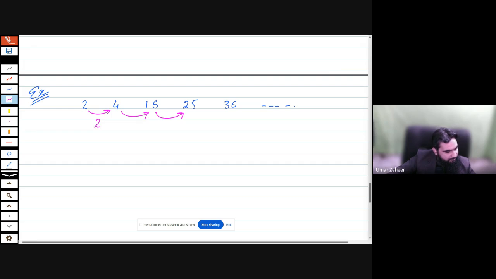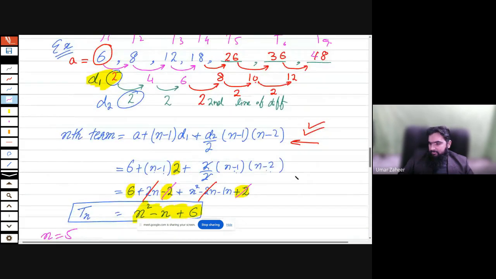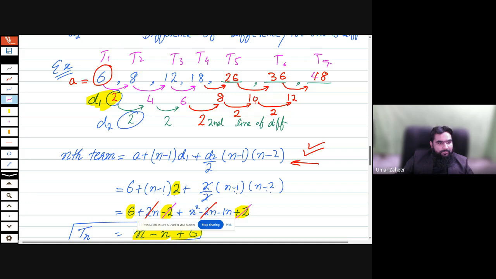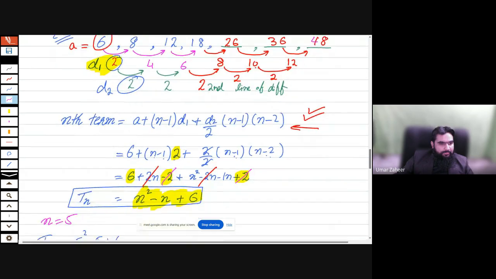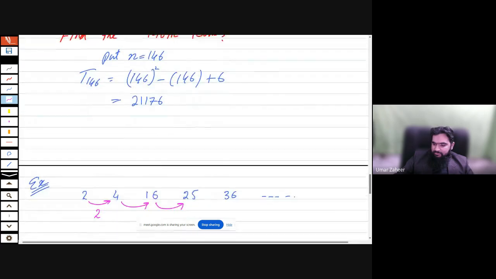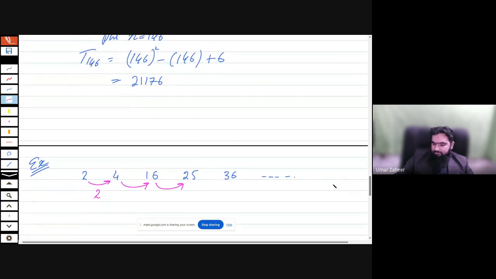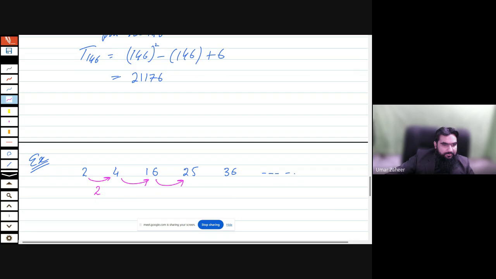Example of market. Just a minute. It's quadratic.